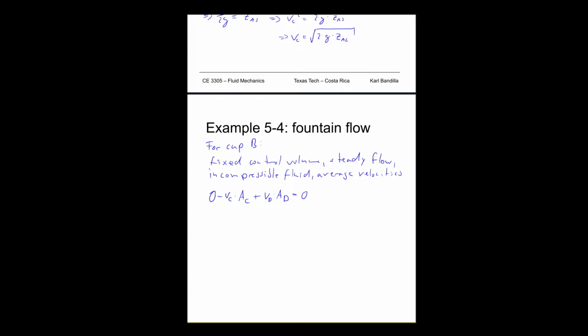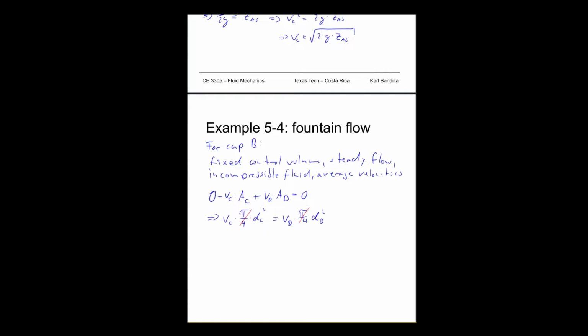So we could say that would be equal to VC times AC, which is just pi over 4 times DC squared. And then that's equal to VD times pi over 4 D squared. Of course, that means our pi over 4's cancel out.